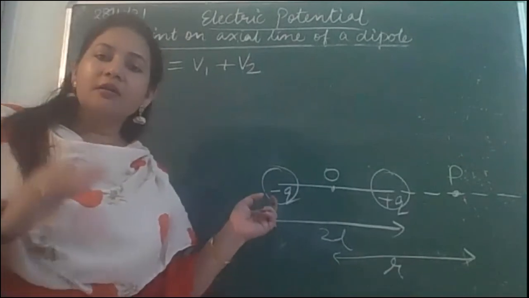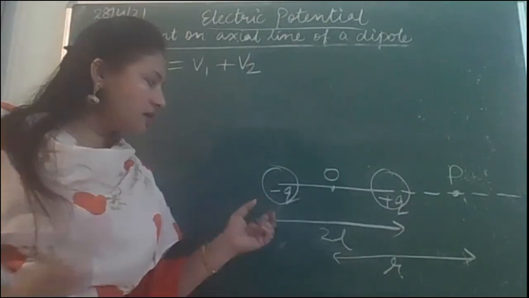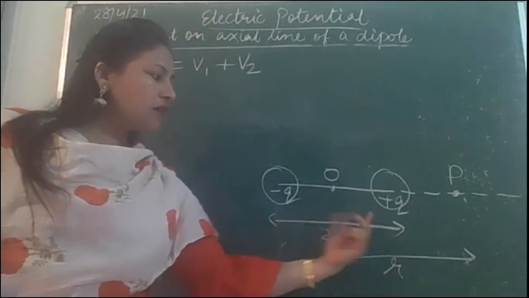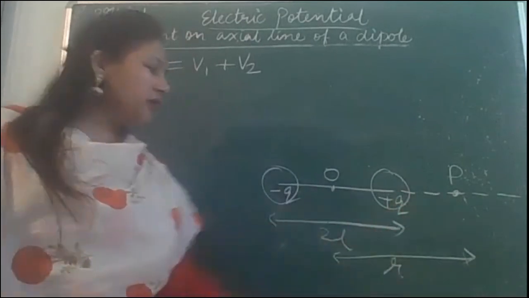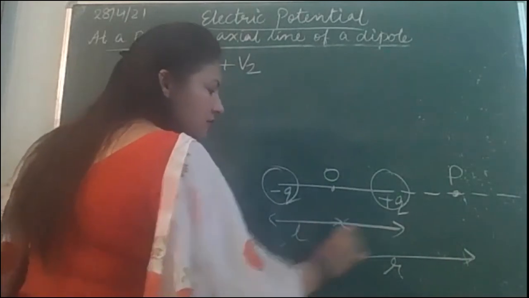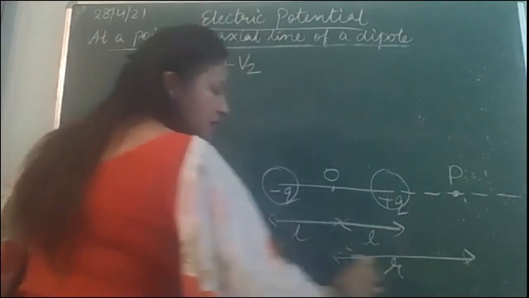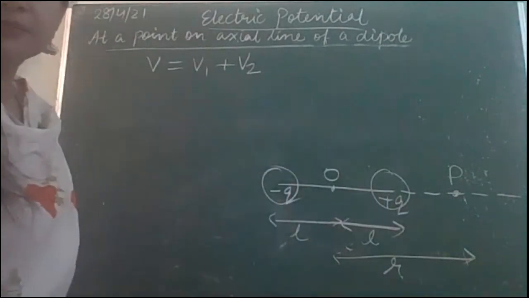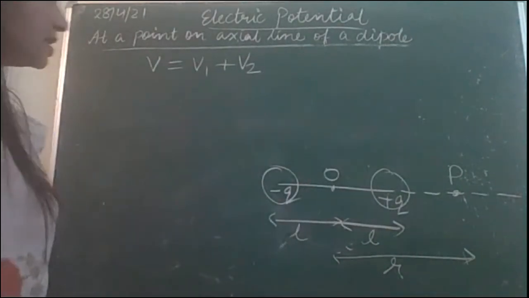What is the formula? kq by r. And what is the distance of minus q charge from P? You can see this is l up to here, and this is also l. So the distance is r plus l.